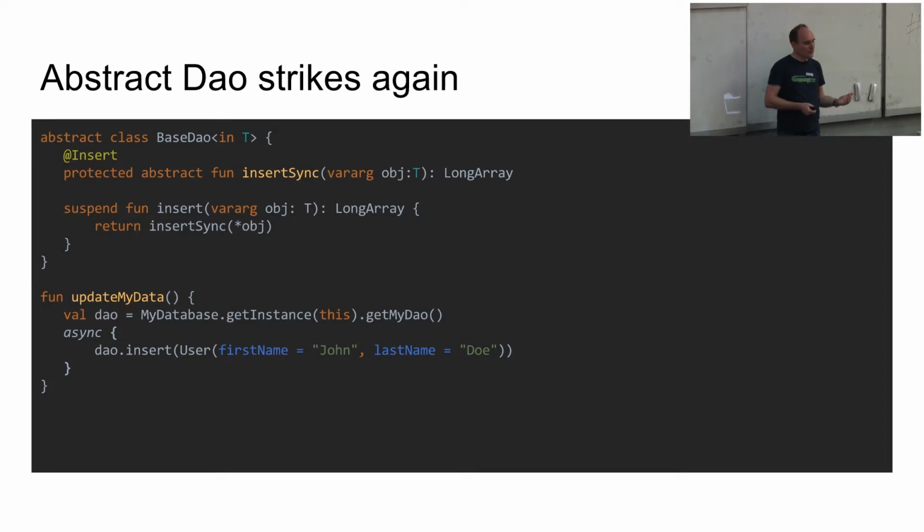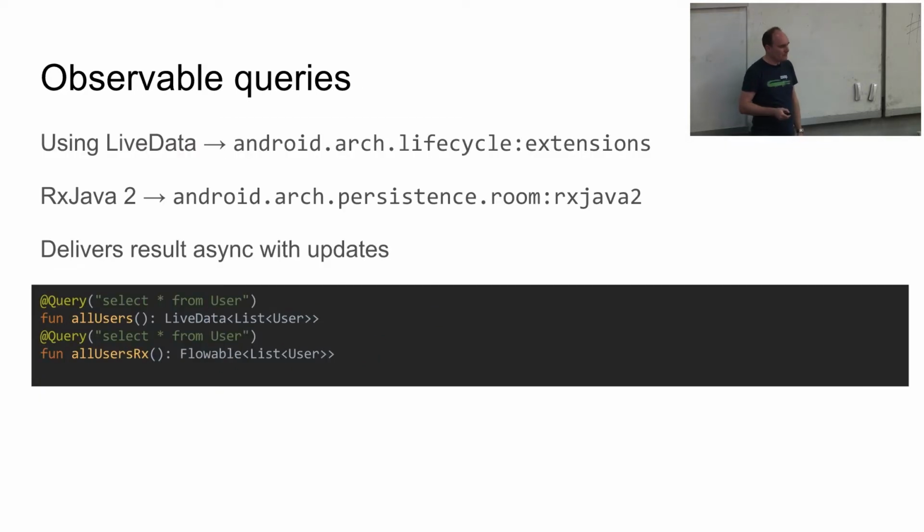Then you can just extend that base data access object class and run your insert in a coroutine in this case. You can do multiple variants of this. You can do this with RxJava as well. It will just be the same thing, just add a method to your base class and make sure that you call that instead of the sync variant.